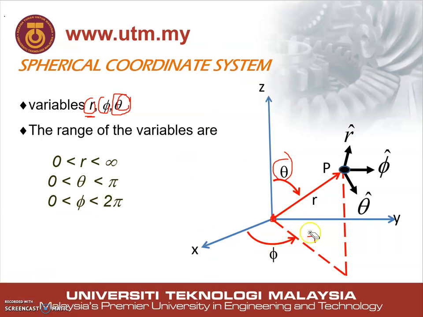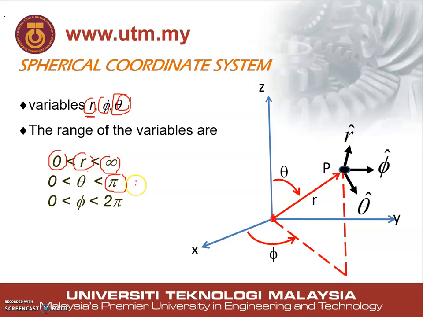Now we are going to see first what the range is for each of these parameters. For r, it is from 0 until infinity. For theta, it is from 0 until pi, which is from here until pi. Pi here is in radians.